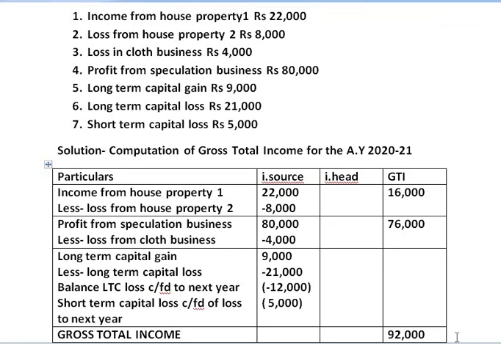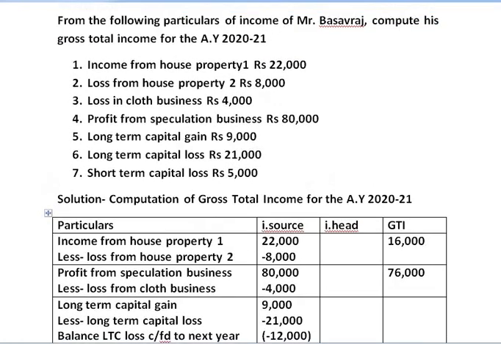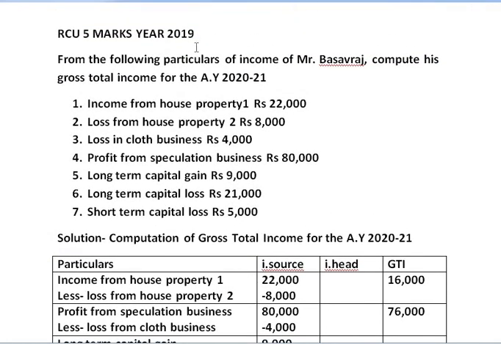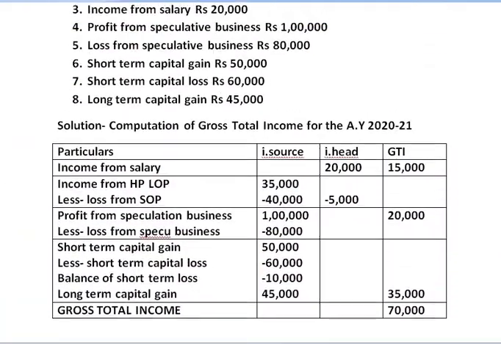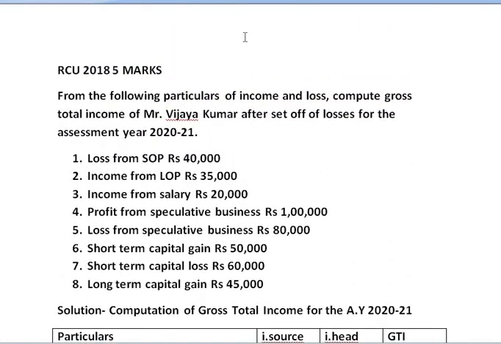So in today's class we have solved two question paper sums. One appeared in the year 2019 for 5 marks in Rani Chennamma University examination, and one appeared in the year 2018 for 5 marks in the RCU examination.